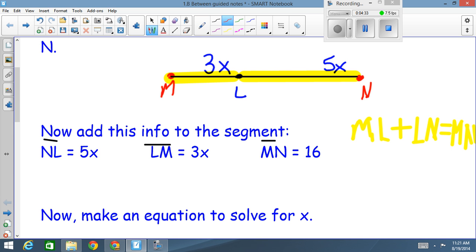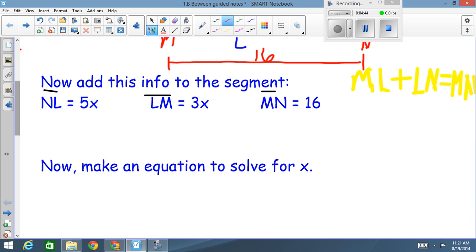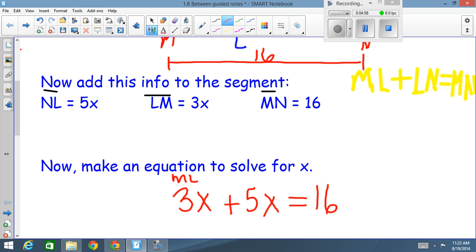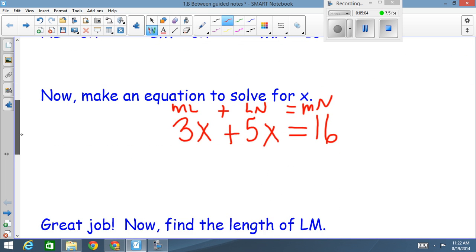If part of this is 3x and part of it is 5x, and from here all the way to here the whole thing is equal to 16, then the equation that I want to use in order to solve for x would be to take that 3x added to the 5x, that's piece plus piece equals whole. That's ML plus LN equals MN. And now I just have myself a two-step equation.